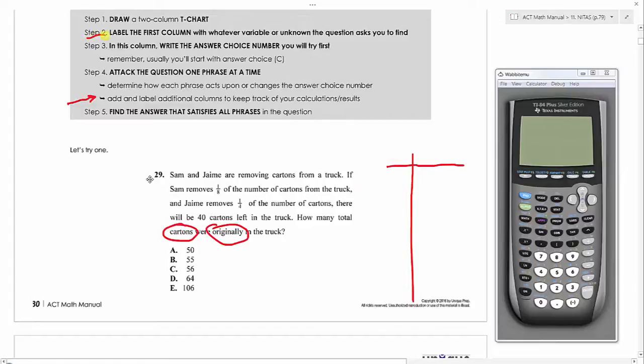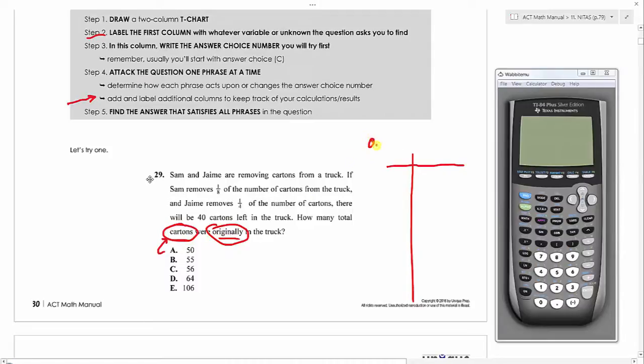Next thing you do, step 2, is right here. You label the first column with whatever the answers stand for, or whatever variable you're going to throw the answers in for, or whatever the question asks you to find. All three of those things are the same thing. In this case, these numbers are going to be going in for the original cartons. That's what the question is asking us to find.